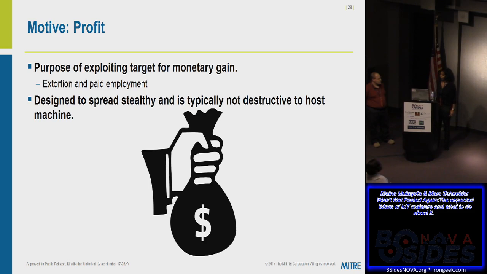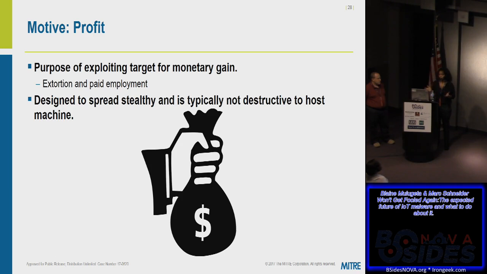Nowadays, it's safe to say that malware authors are largely motivated by profit and personal gain. Some examples of this are extortion and paid employment. Extortion, when you think of ransomware and encrypting data, and paid employment, being that some cyber criminal groups are actually paid to author code for others.